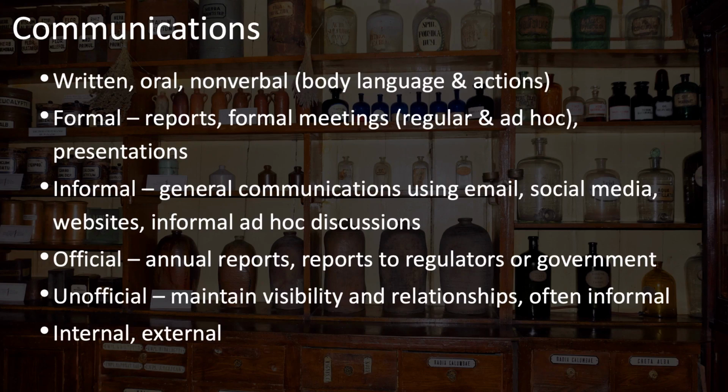In addition, communications can be categorized as either internal or external to your organization. Some of this may seem rather obvious to you, but it's useful to review these kinds of things in, say, a checklist to make sure that you've adequately considered and covered all of these different facets of communication.